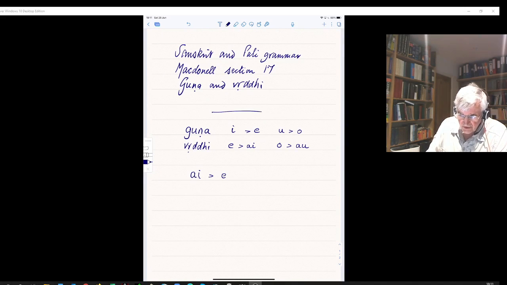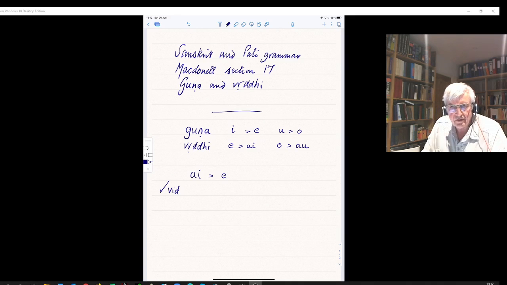So let us take the root, for example, vid, meaning to see or to know. To make a verbal noun out of that, we know the word vidya in Pali, vijja, knowledge, avijja, ignorance. Sanskrit, vidya with a dy. Making knowledge out of that, we gunate, or apply guna to, the vowel of the root.